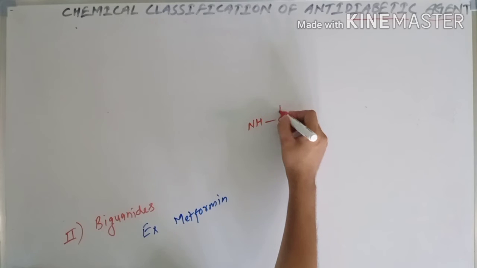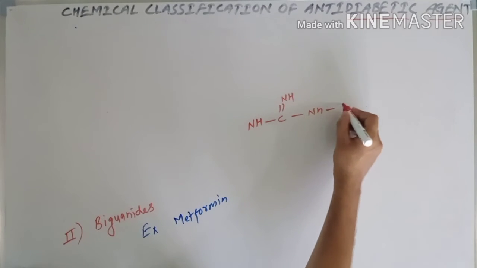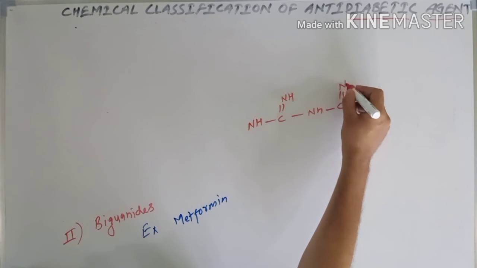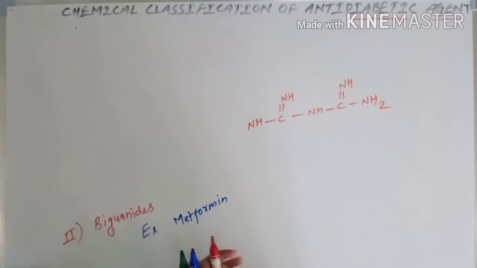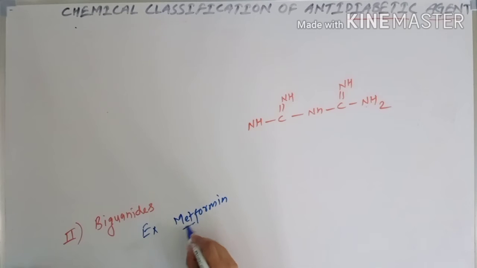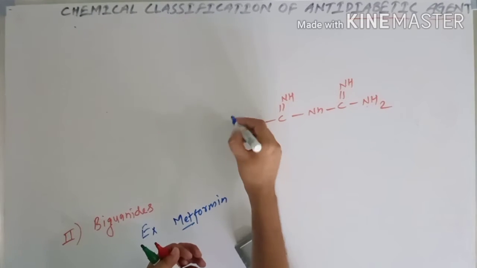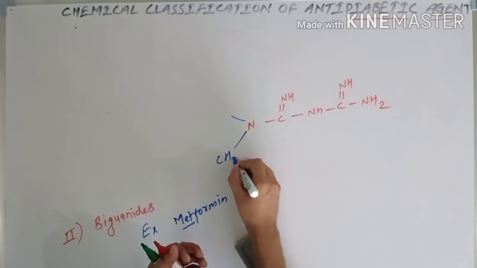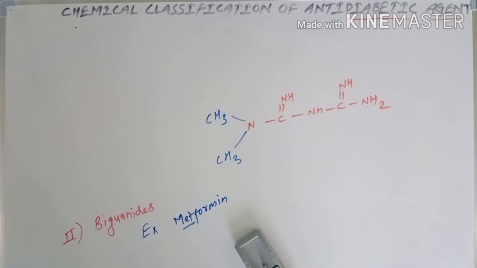NH, C double bond NH, then NH, then C double bond NH, then NH2. This is the structure of biguanides, and this drug has the name metformin, meaning definitely there is a methyl group. So on this first nitrogen there are two methyl groups. So this is the structure of your metformin.